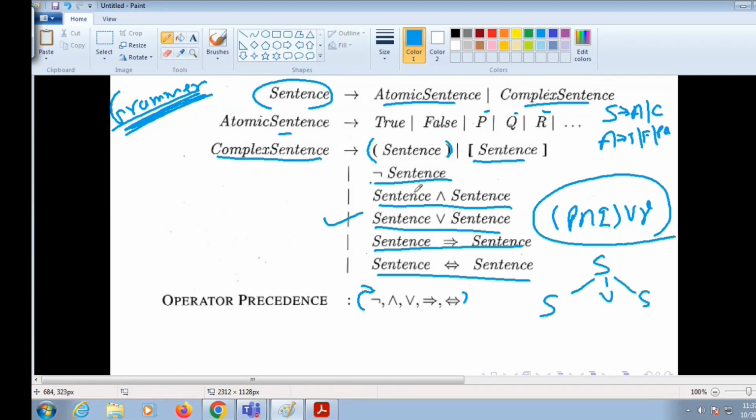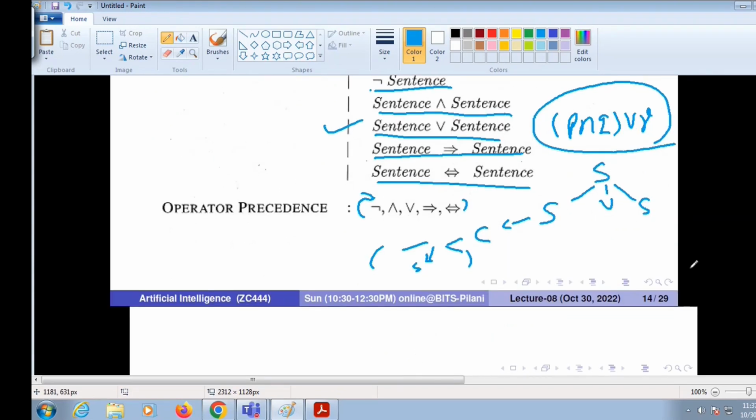Okay, and from this, since a sentence could be a complex sentence, S goes to C, and then the complex sentence goes to brackets, two brackets, and inside there is some sentence. And once again, do I have the space?